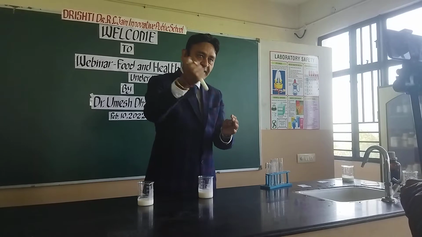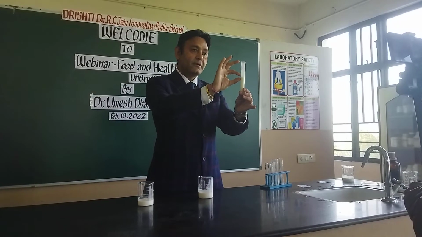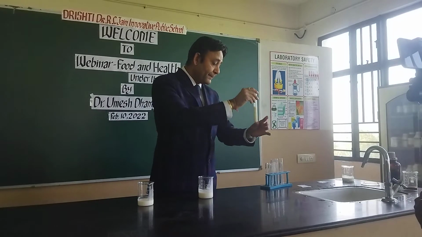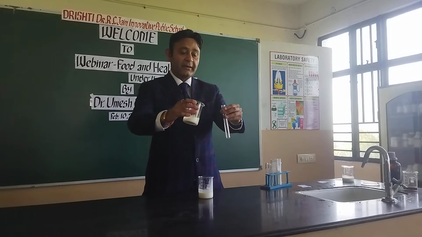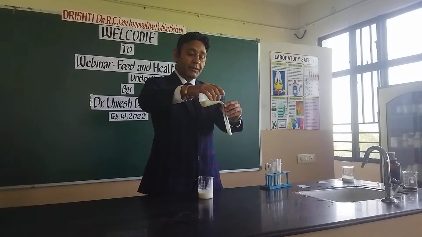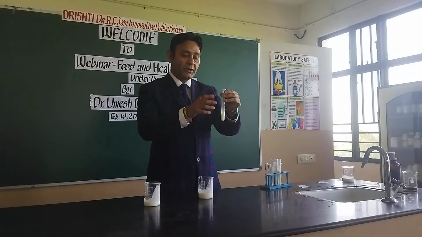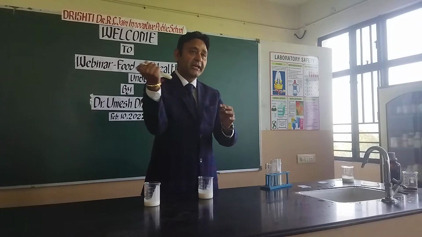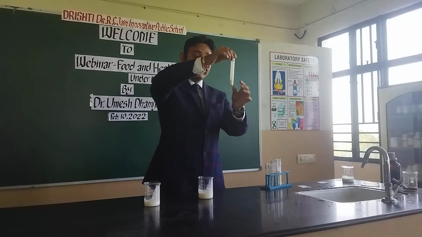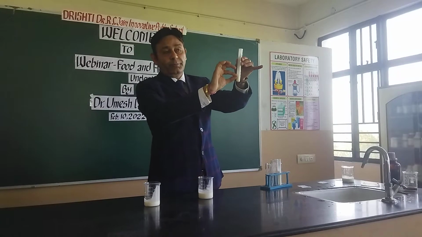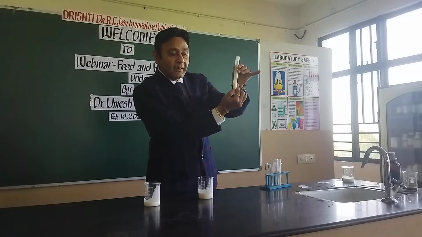So if I shake it, it gives a thick layer of detergent foam. But if I do the same experiment with my pure sample of milk, which I have got directly from the animal, cow or buffalo or goat, and if I now shake it, it is giving a very thin layer of foam, or an invisible layer of foam here.